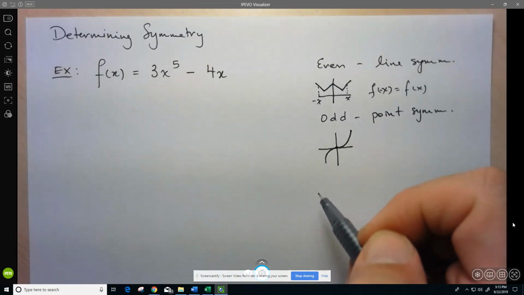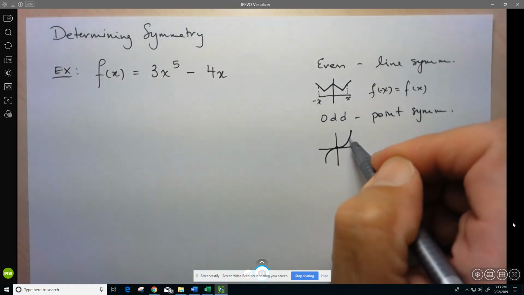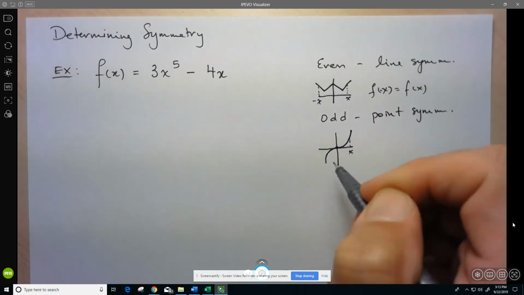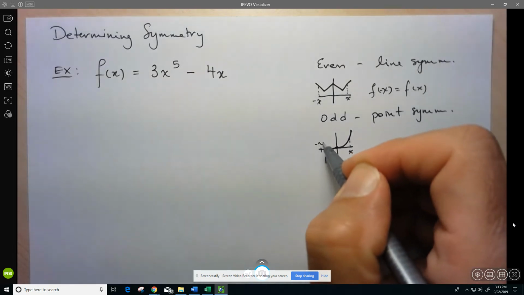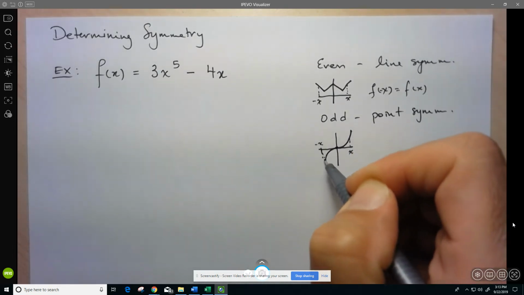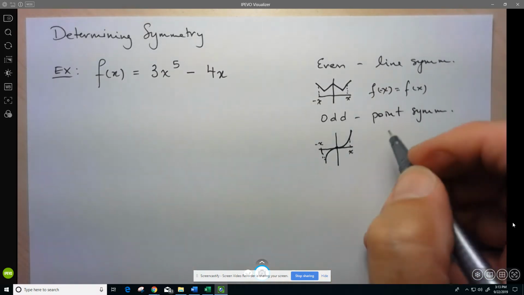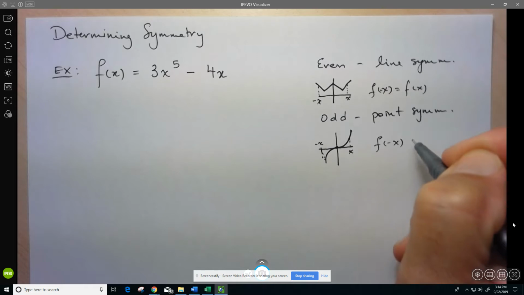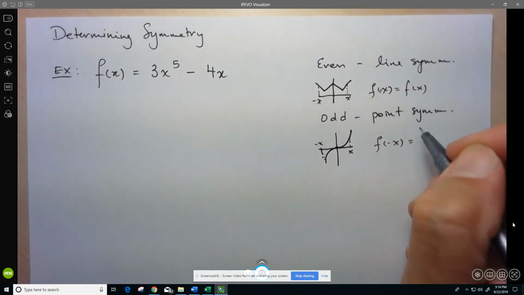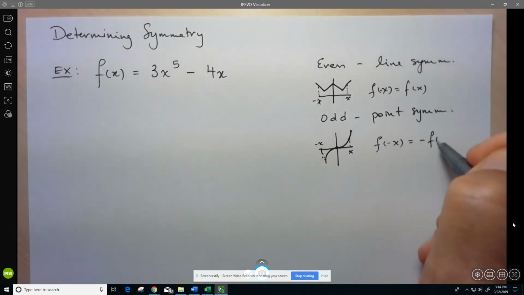Again, we want to think of this algebraically, so we do the same thing. Take any x value and then the x value with the opposite sign, and we see that the y values are also opposite in sign. In other words, f at negative x is equal to the negative of f at x. They're not equal, but they're opposite signs to each other.